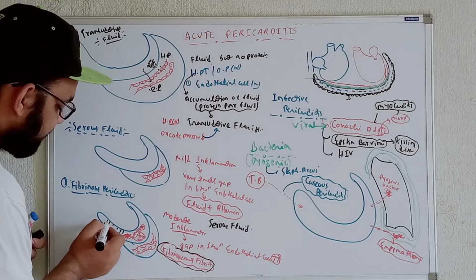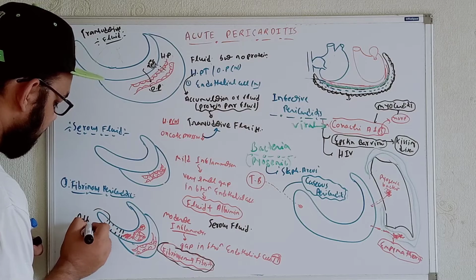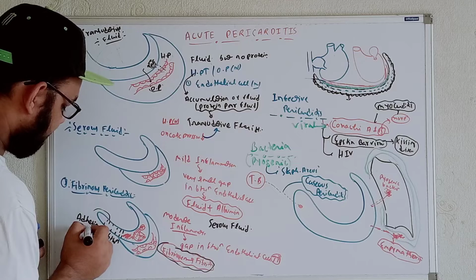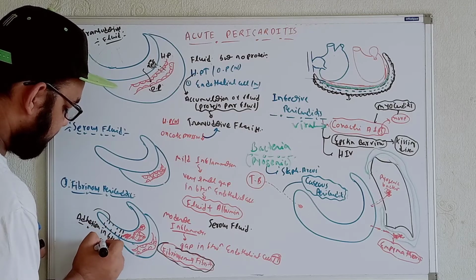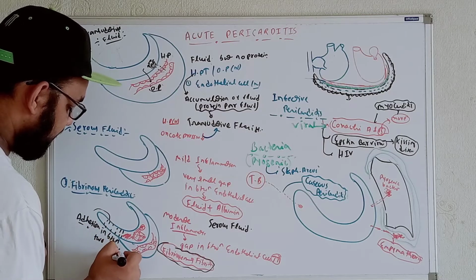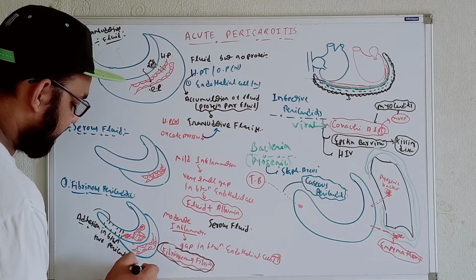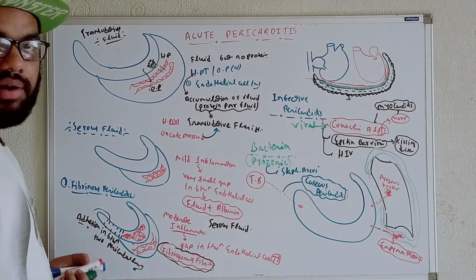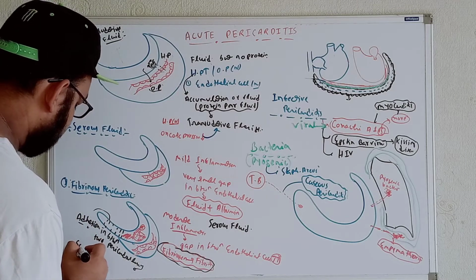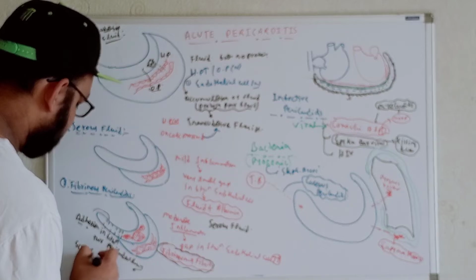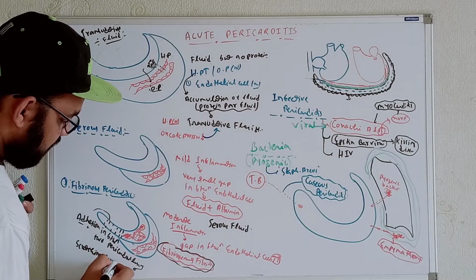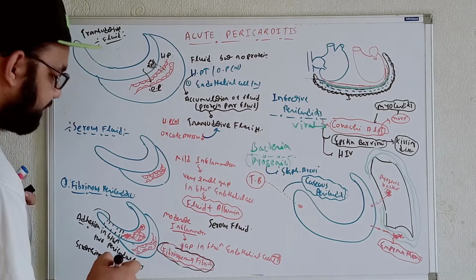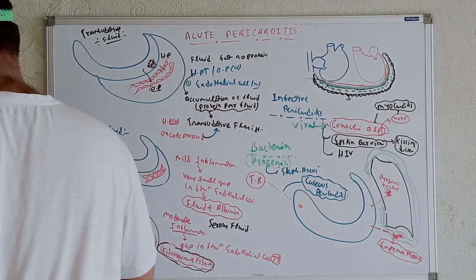So whenever the adhesion increases in between this fibrinous compound, in between two pericardial layers, at that time, during systole and diastole, you can hear a scratching sound, and this is known as pericardial rub.